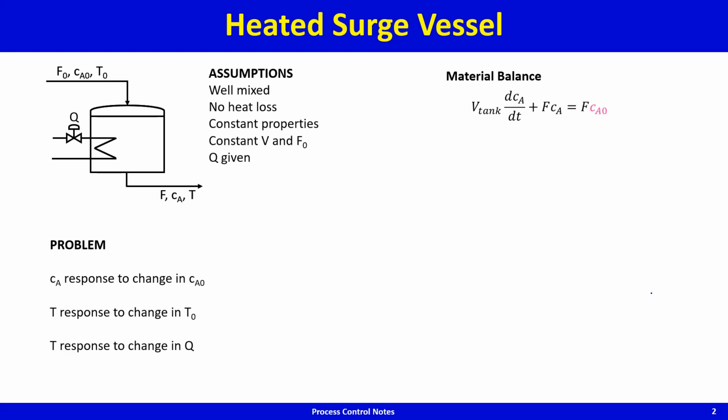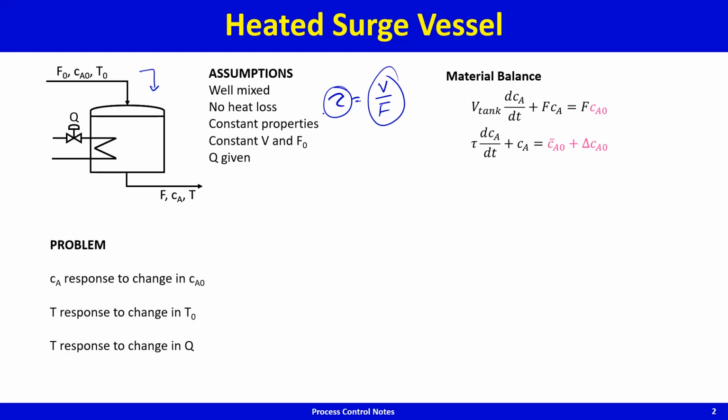that was my material balance, this was my differential equation, where tau is equal to V by F is a time constant. Notice that this tau is dependent on the operating conditions. If the flow rate increases, then tau decreases.